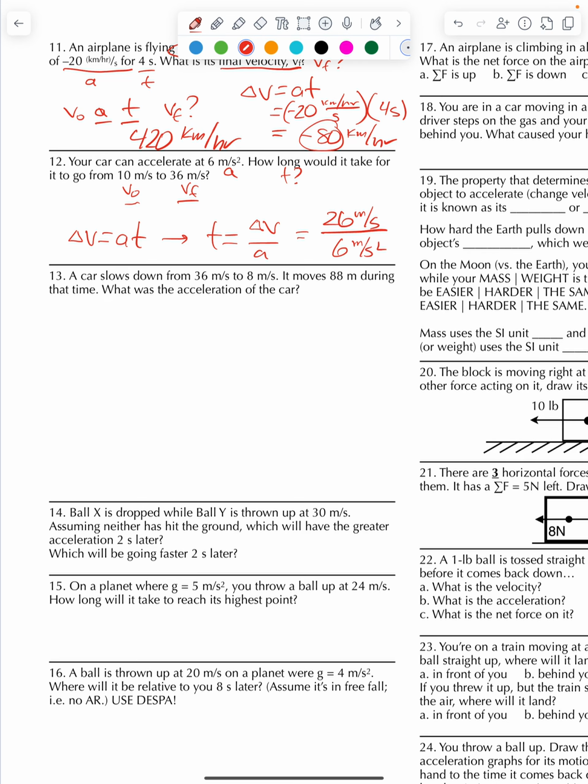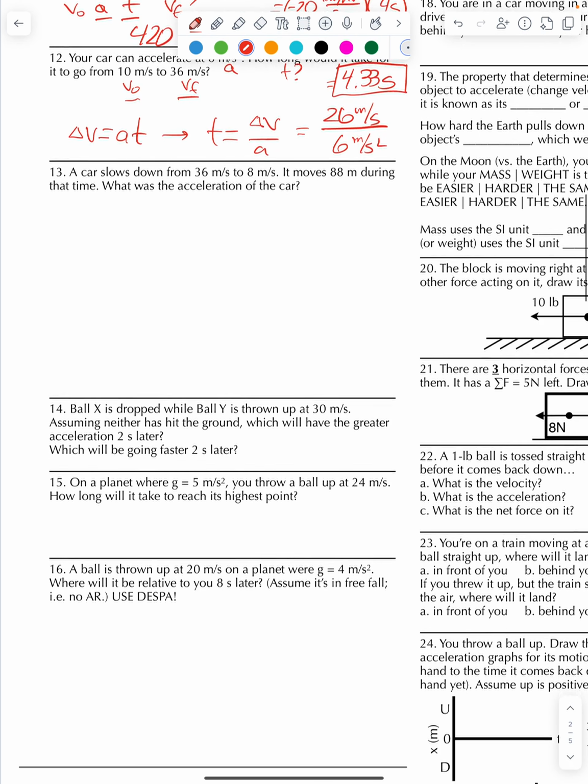So sorry, I'm running out of space, but that's going to equal 4 1/3, or scientists prefer decimals, even though it's not as exact. And then the meters per second will cancel meters per second, but then you're going to have a 1/seconds in the denominator. But when you flip it over, that's going to end up being seconds. And again, if you do equations right and you have your system of units consistent, like SI, you'll end up with your proper units.